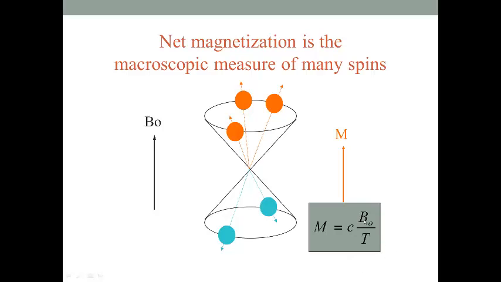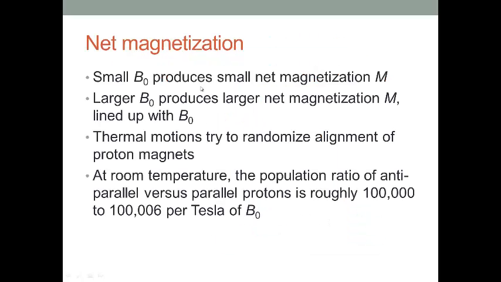This is the formula to compute M. So from here we found that M depends on B0. Generally, a small B0 produces a small net magnetization M based on the formula just now, and a larger one produces a larger net magnetization.